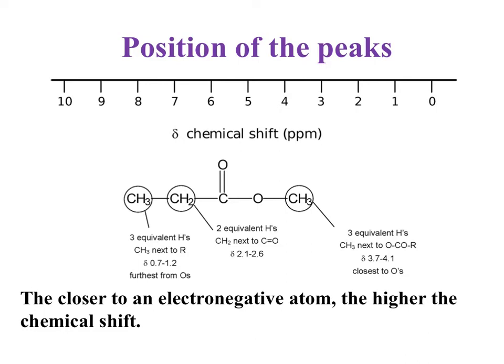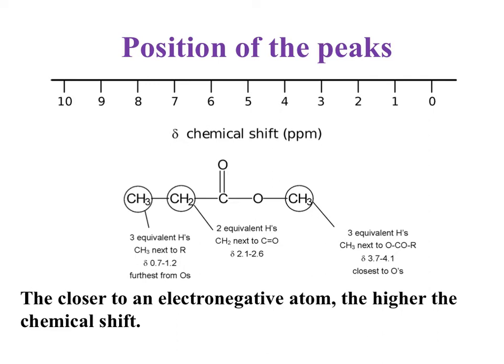Now it's important to remember as well, the closer to an electronegative atom, the higher the chemical shift. Remember, these electronegative atoms de-shield the nucleus of the proton, and if they de-shield it, it means that the peak is shifted downfield, i.e. the chemical shift will be higher.